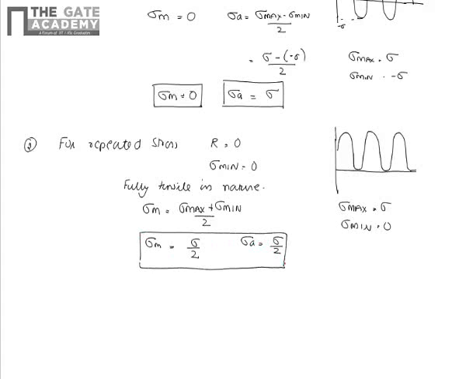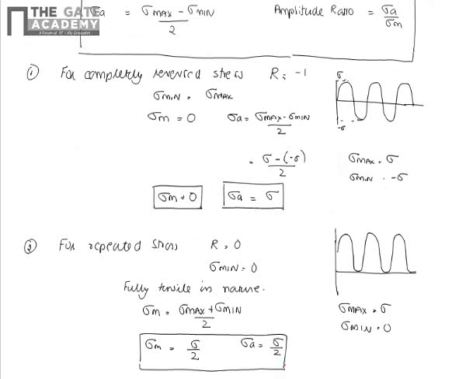Therefore, for repeated stress, the mean component of stress is sigma by 2 and the amplitude component is sigma by 2. And for completely reversed stress, the mean component is 0 and the amplitude component is sigma. So these are the different parameters used to characterize the fluctuating stress in general.